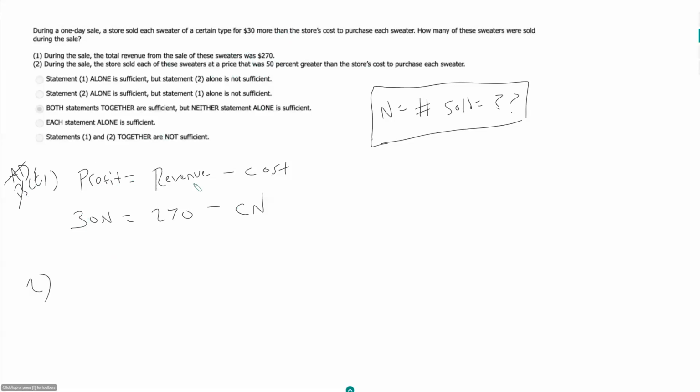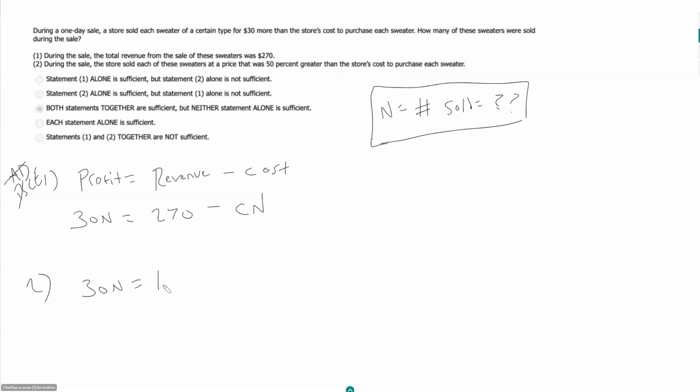Same thing. So profit is equal to revenue minus cost. And so our profit of 30N should be equal to, if we break up revenue into its components, price times number sold. So the price times N, but we know the price is equal to 1.5 times its cost.